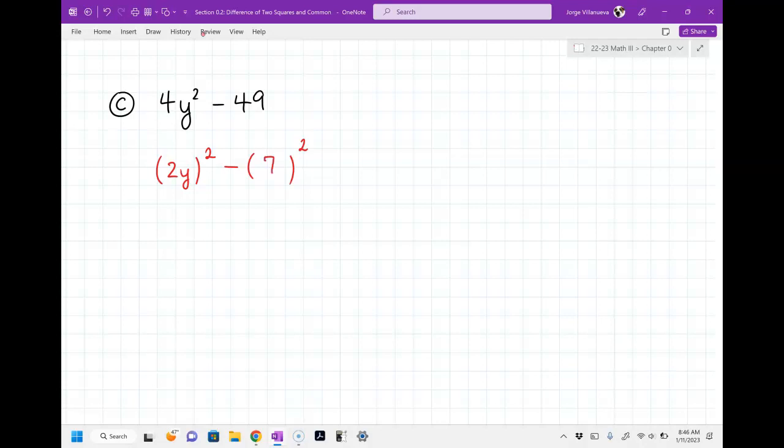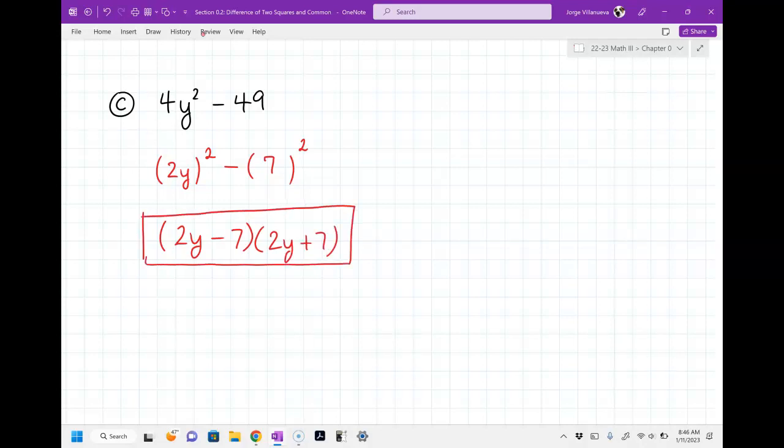A 7. And there you go. We have those pieces that go inside of the factor. So I'm just going to write 2y minus 7, 2y plus 7. And that's it.